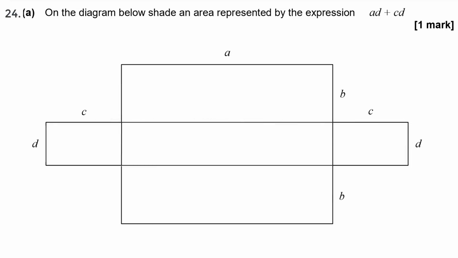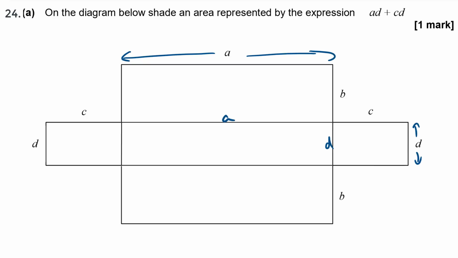Okay, on the diagram below, we're asked to shade an area that's represented by the expression AD plus CD. Now, some of the measurements are missing, but we can see that from here to here is A, so this is also going to be A here. And because from here to here is D, this is also going to be D here.